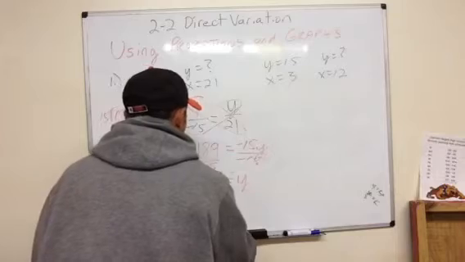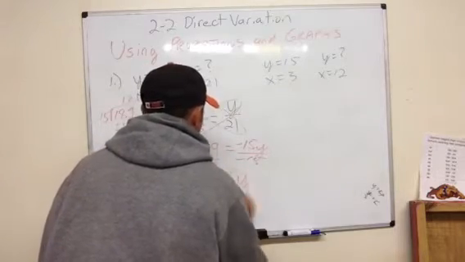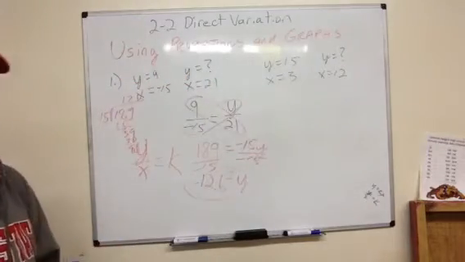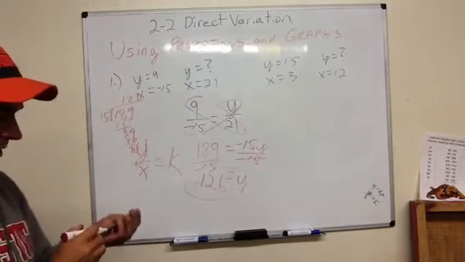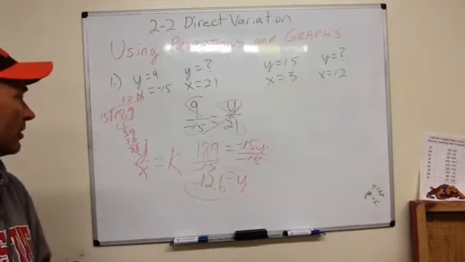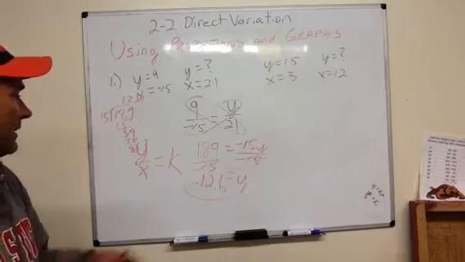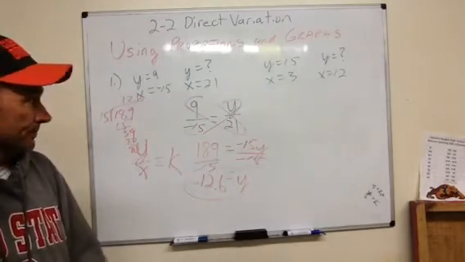We get negative 12.6. And there's our answer. Again, I had to do some long division here to find my answer, but we were able to find it. You can use a calculator.